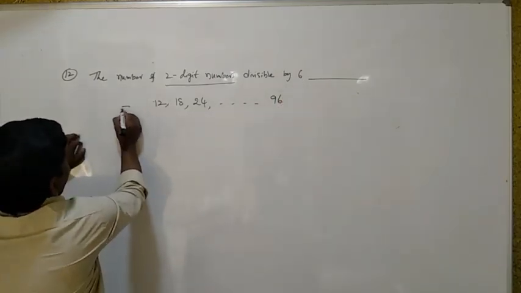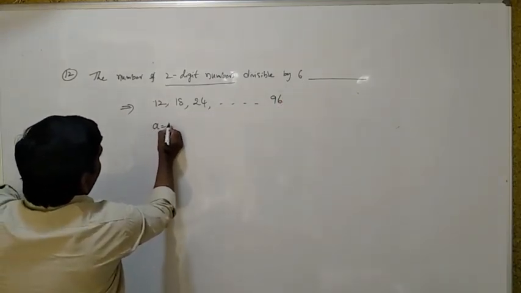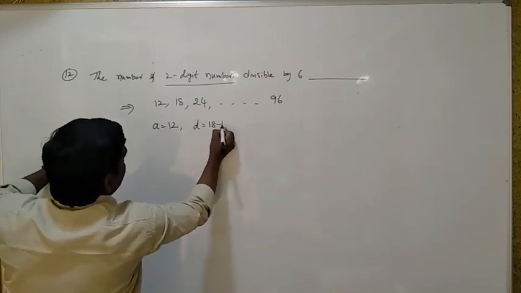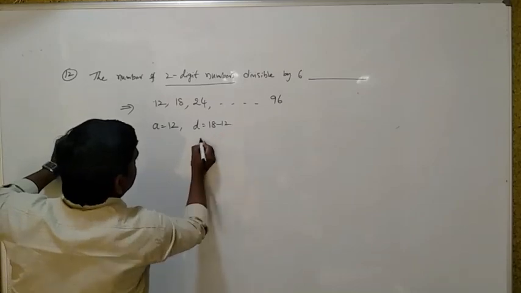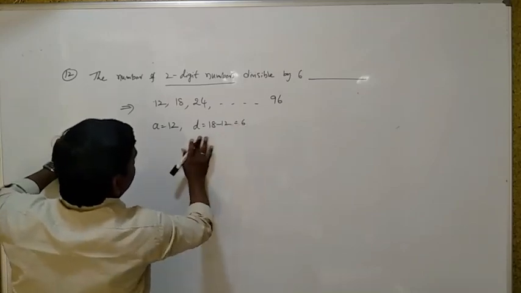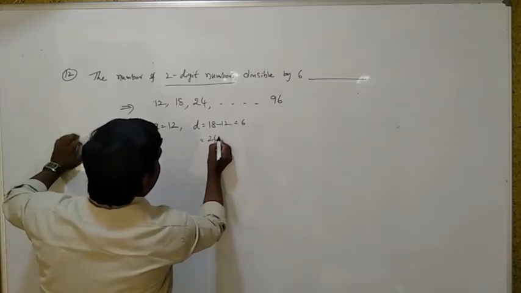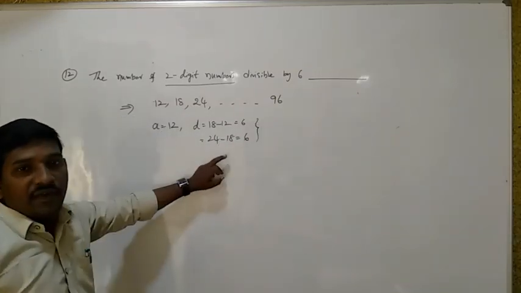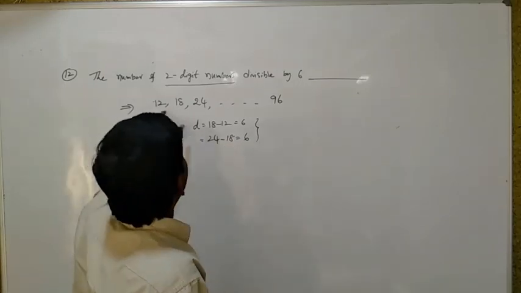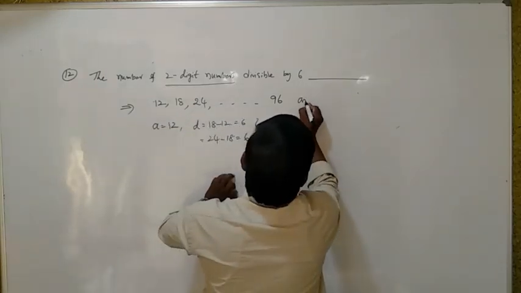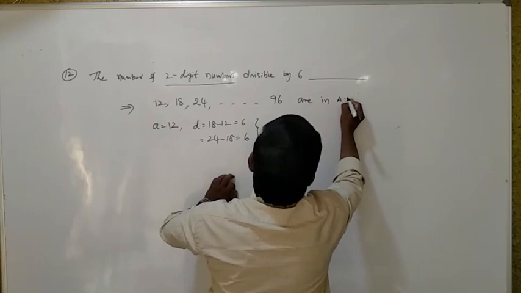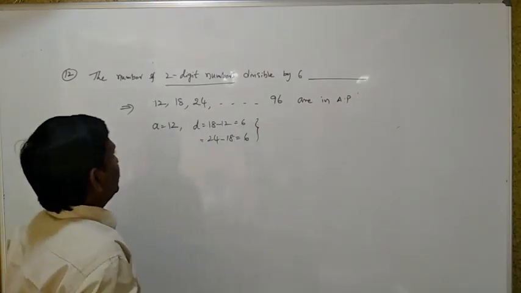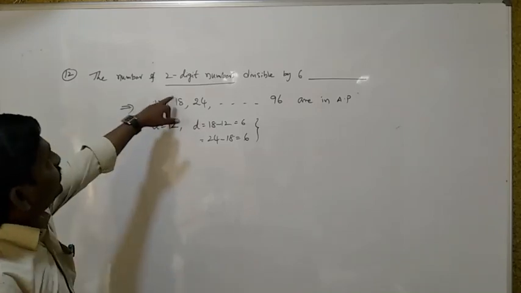So here a equal to 12 and d equal to 18 minus 12 equal to 6, and 24 minus 18 is also 6. The common difference is equal, so the given series is in AP.